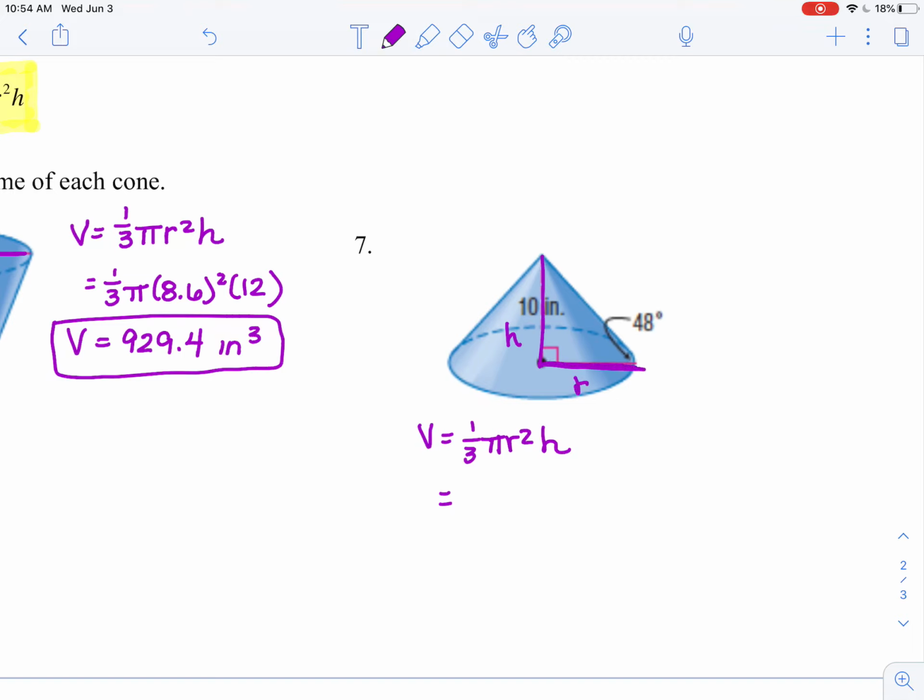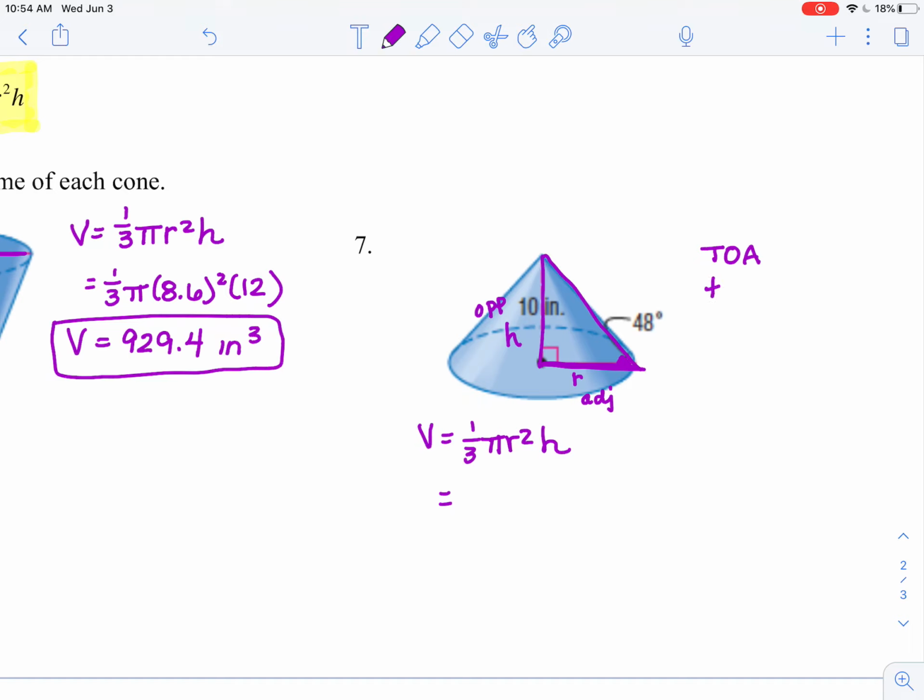Notice, however, that we have a right triangle, and one of the acute angles is marked as 48 degrees. So we're going to have to use our trig functions to solve for the radius. If you're sitting at 48 degrees, the height is the opposite side. The radius that we want is the adjacent side. So that goes with TOA, or tangent.